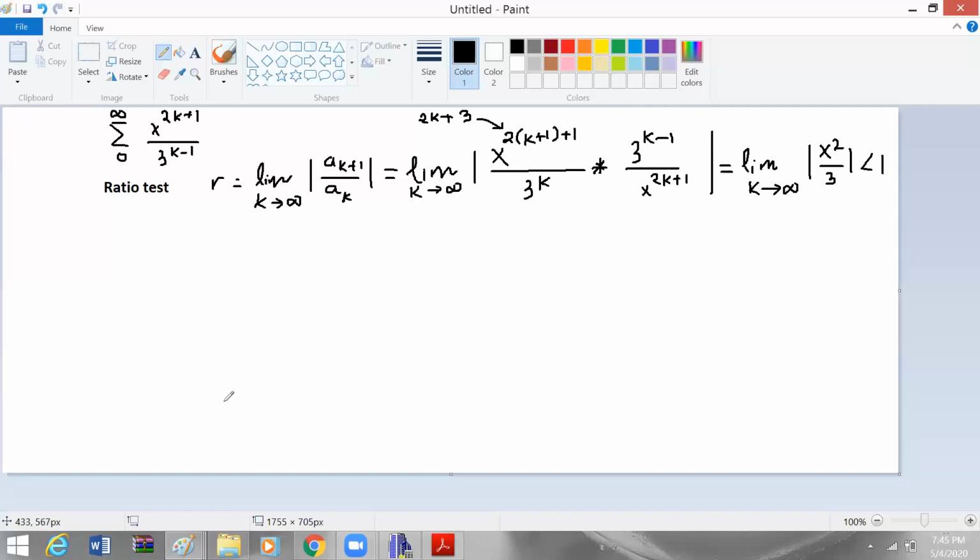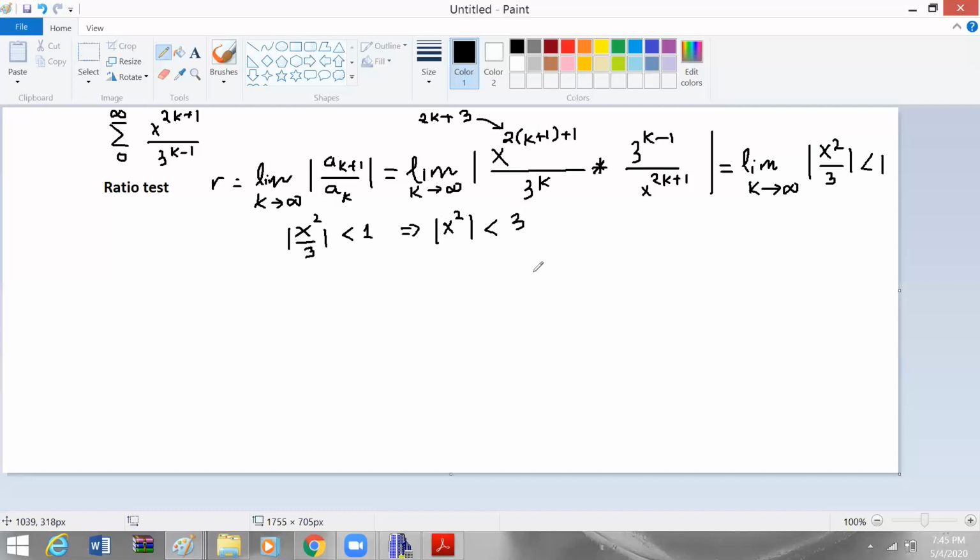So we have to deal with the term x squared over 3 less than 1, meaning we multiply both sides by 3. We get x squared less than 3.